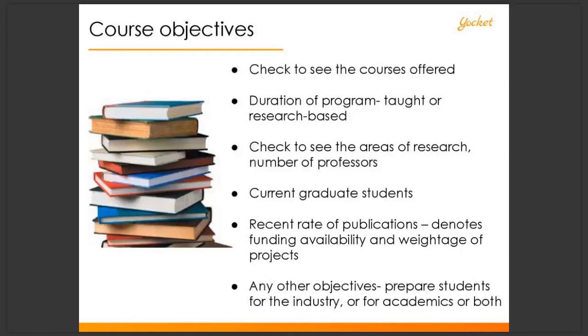And any other objectives. Some programs align you very strongly to the industry, like Northeastern University. Their computer science course aligns you very well with the industry. Whereas others are very research based. For example, Pennsylvania State is very research based. They focus on academic research.